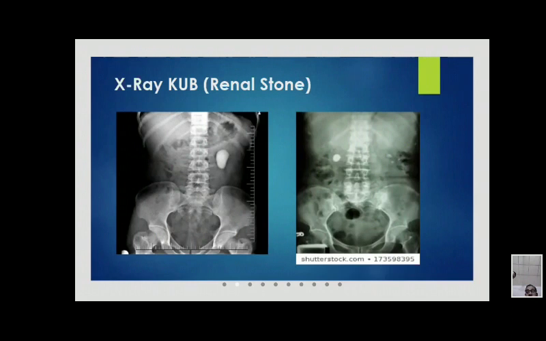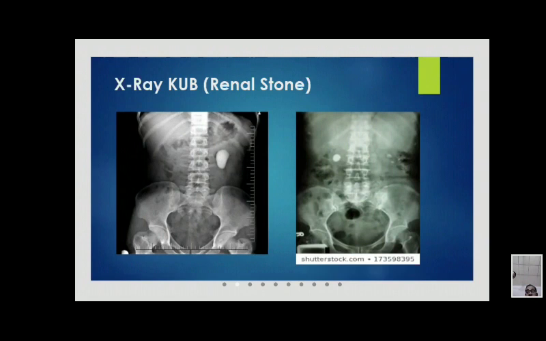There may be complications like hydronephrosis, pyonephrosis, even perinephric abscess. In case of bilateral stone, the patient may present with chronic renal failure. So these are the clinical presentations.